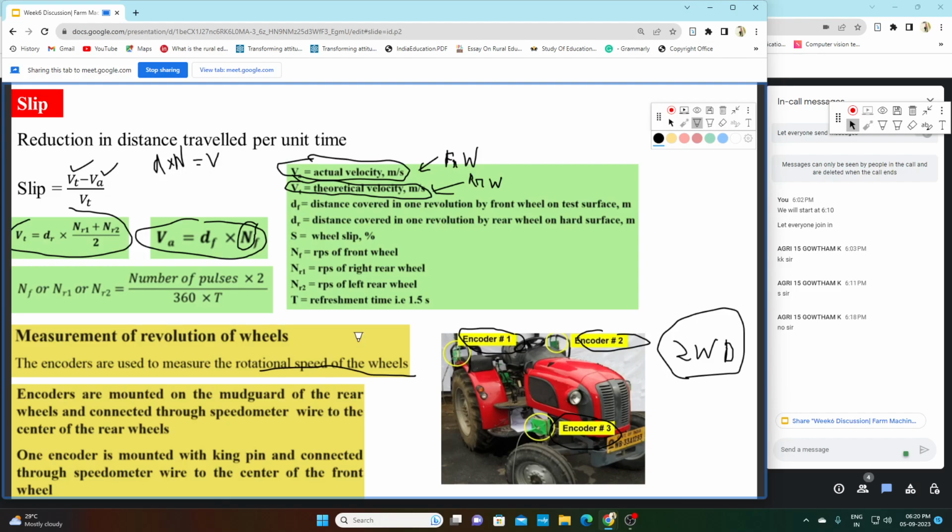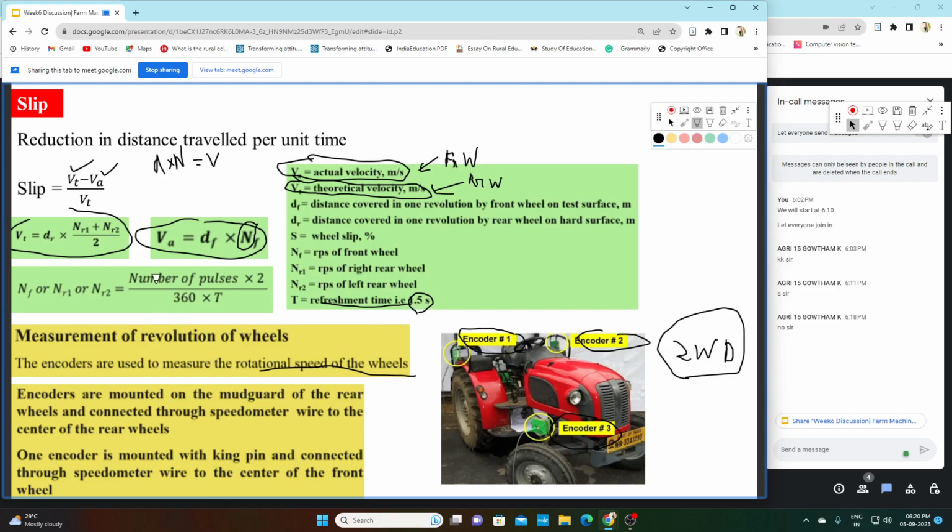Now the question is how the encoder calculates nr1 and nr2. The encoder calculates nr1, nr2 or nf by this formula. The encoder calculates the number of pulses, and every encoder has a refreshment time, which is generally taken as 1.5 seconds.